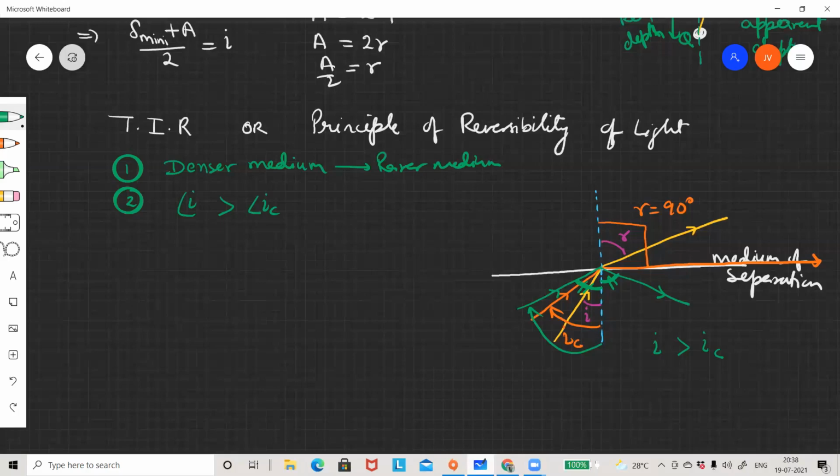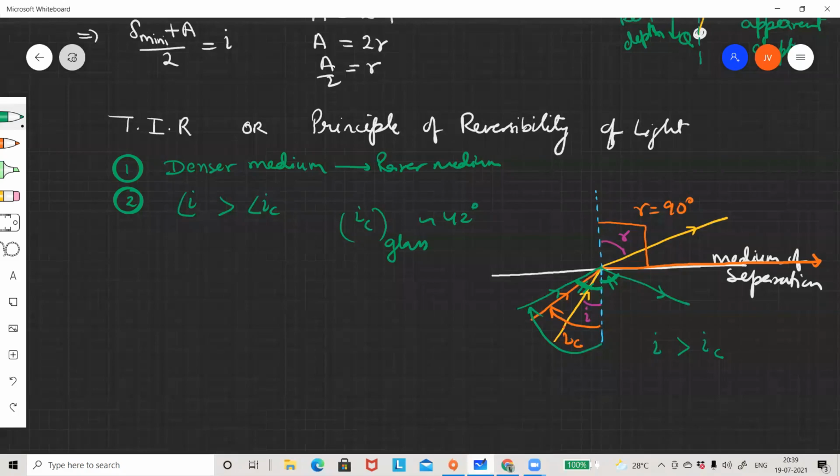When I say glass, there are different types of glasses, so I'm just saying an average number. Critical angle for glass is approximately 42 degrees. Here glass includes diamond also. Whenever a ray of light is incident at an angle more than 42 degrees in any type of glass, that ray of light is no more refracted. It is reflected into the same medium. Okay.